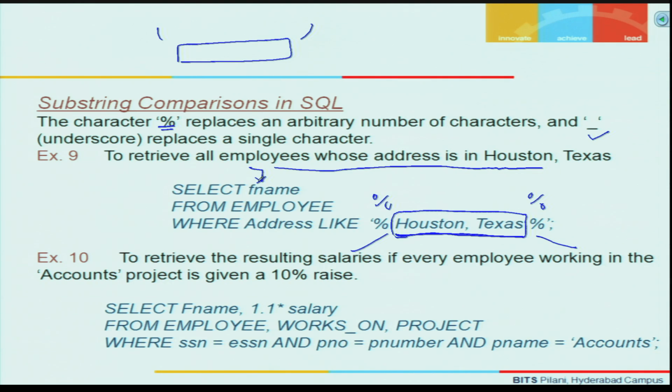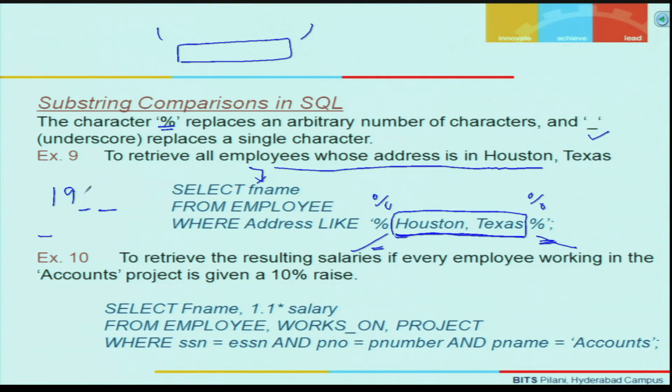The percentage replaces an arbitrary number of characters, not one character. So before this there can be any number of characters, after this there can be any number of characters, but if you want to check for any one single character, that means if you want to replace one single character, then you will definitely use the underscore. That means if I say get me all employees who were born in 19 underscore underscore, what does that mean?